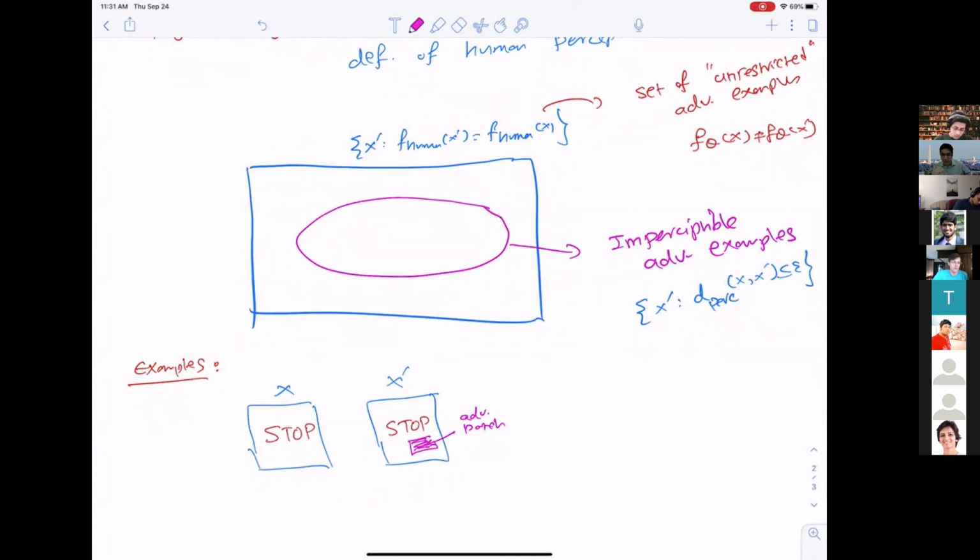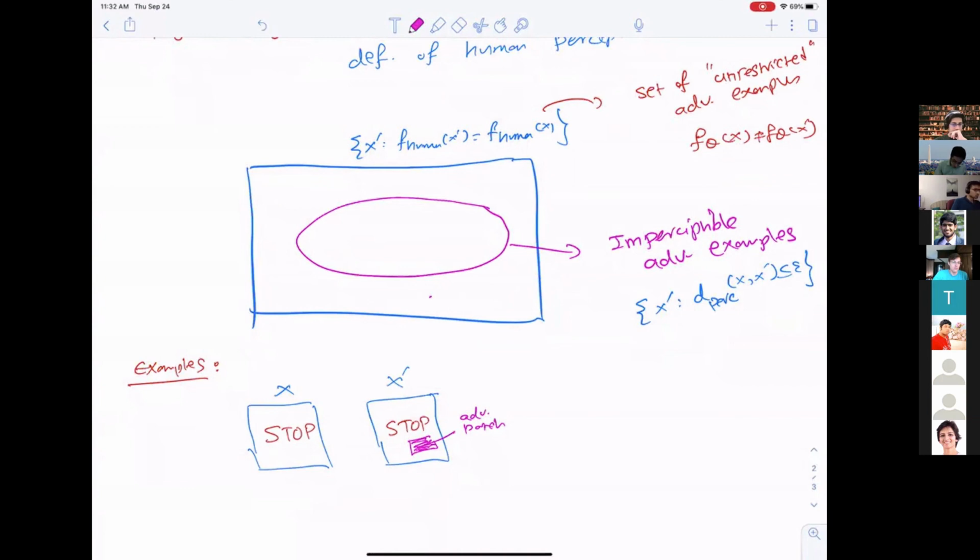If I show X and X prime to a typical human, they would say, okay, I can see there's a patch added here. So the change is not imperceptible. It is perceptible. But nevertheless, humans would classify X and X prime the same way. Both of them are stop signs. So X prime is an adversarial example, but it lives outside of the set of imperceptible adversarial examples.